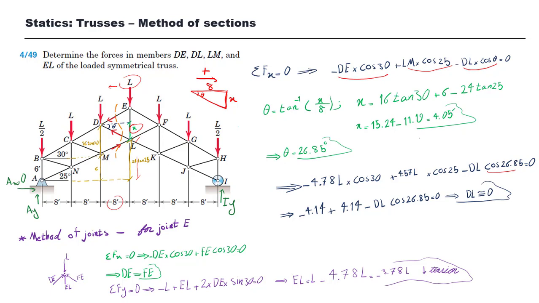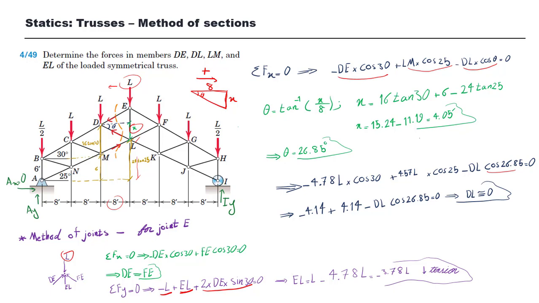So EL is the unknown. EL is on the left, and we can calculate it by writing an equilibrium equation along the y direction. What we have here is the external force of L, which is downward, so it's negative, and EL, which we assume is upward, so it's positive, and DE sine of 30, and two of them, because we know that FE and DE are equal.